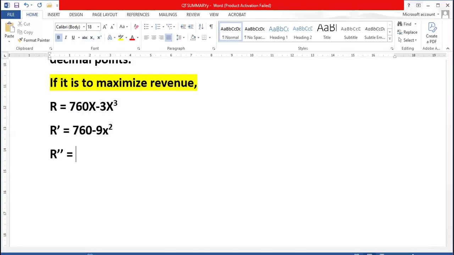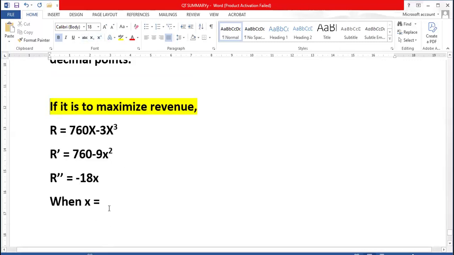Then when you differentiate for the second time, this will be negative 18x. Now, once you have this second derivative, you say when x is equal to your first figure. Remember, all this is just assumption.